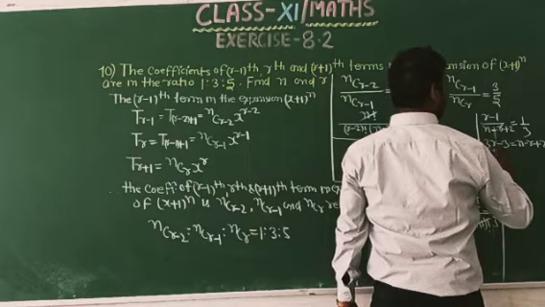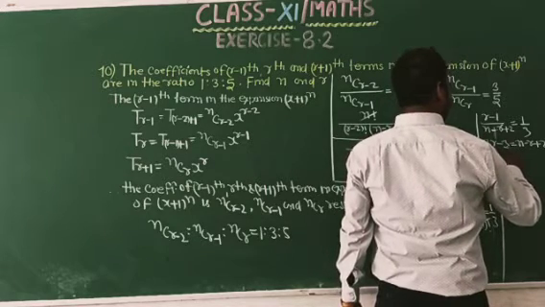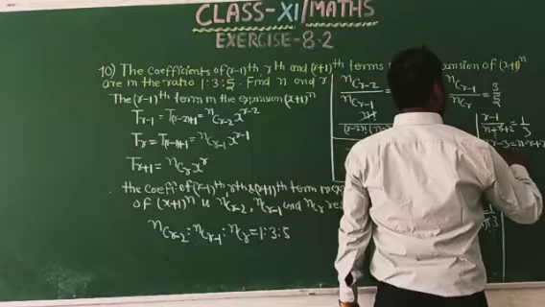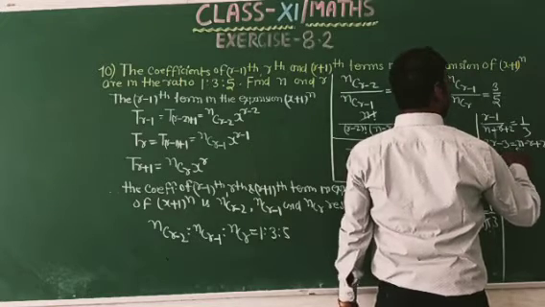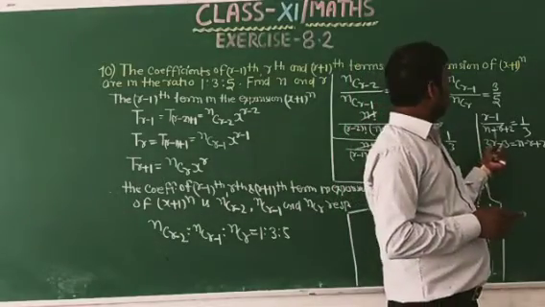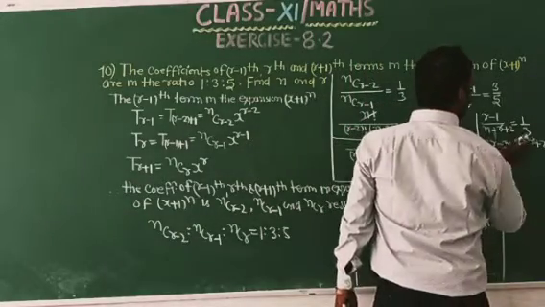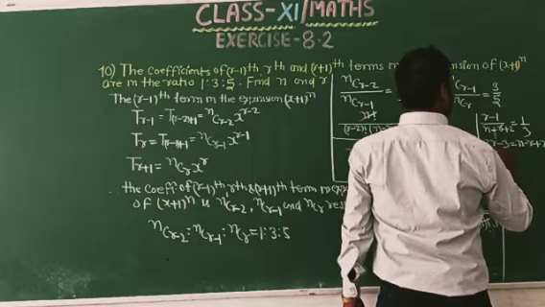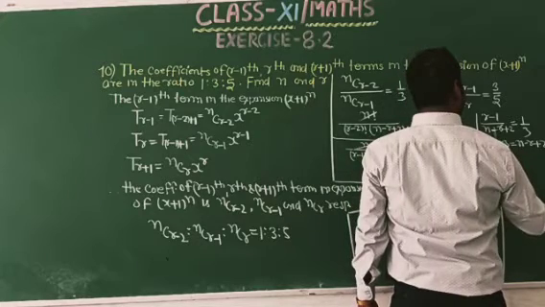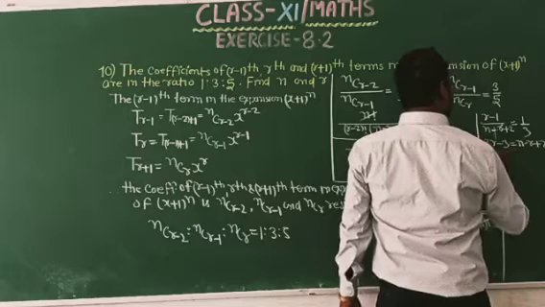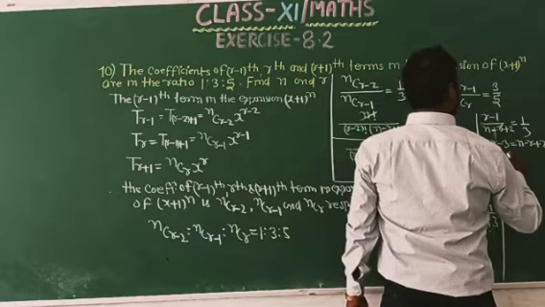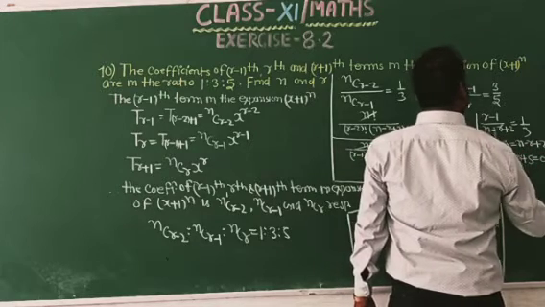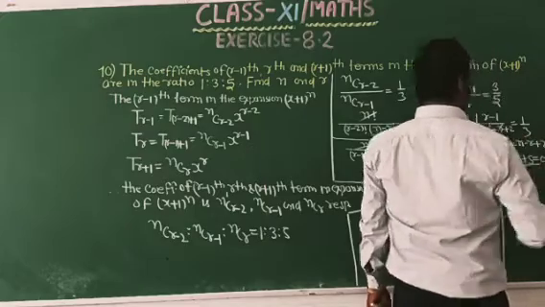So this is n minus 4r plus 5 equal to 0. Say this is equation number 1.